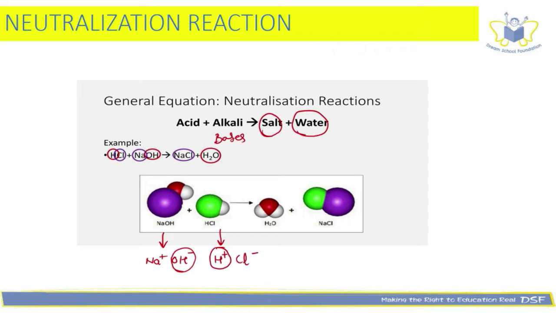So here the positive and negative ions interact with each other to give you a salt, and OH minus and H plus interact with each other to form water. This reaction is termed a neutralization reaction.